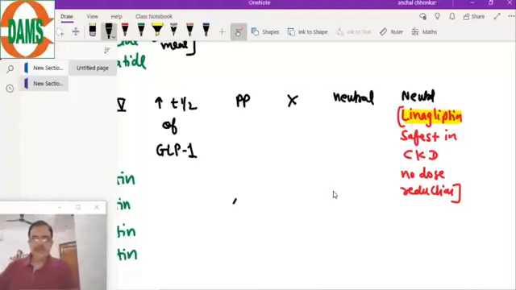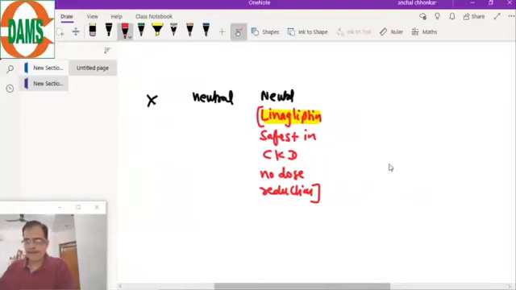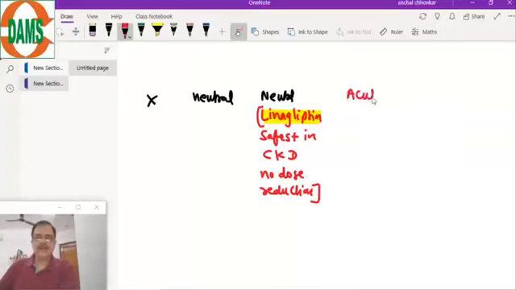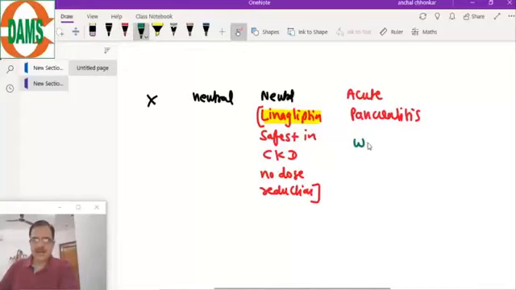Now, an important side effect of these DPP4 inhibitors is rare but possible, and that is acute pancreatitis. And these agents are weight neutral.